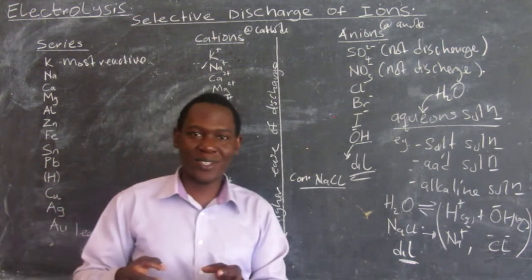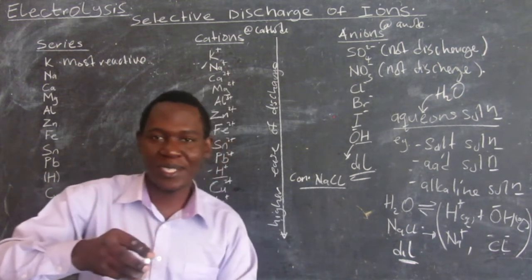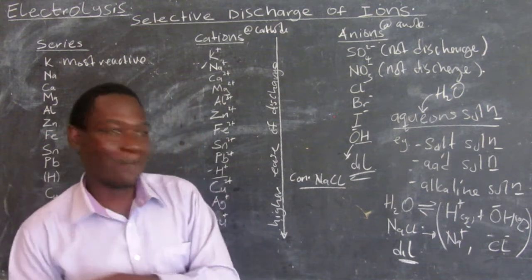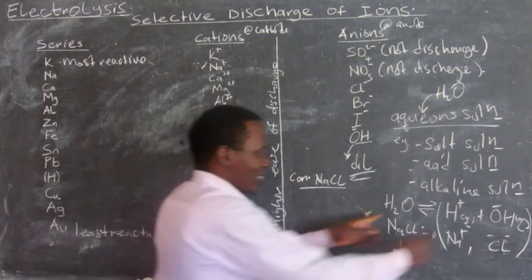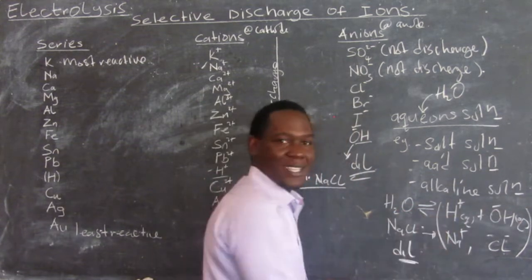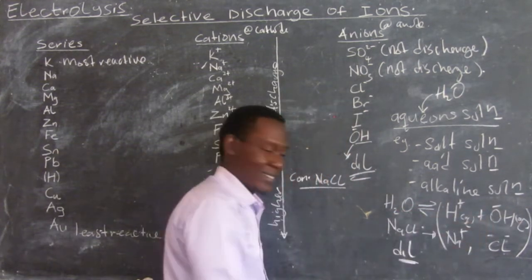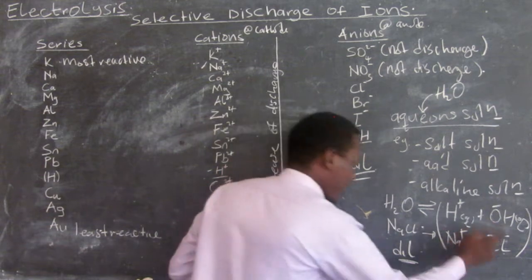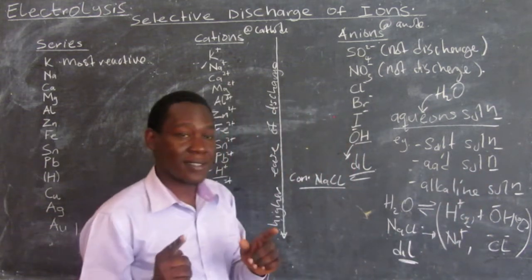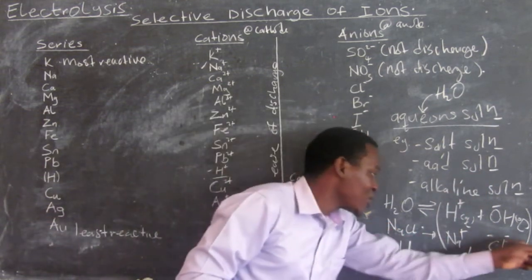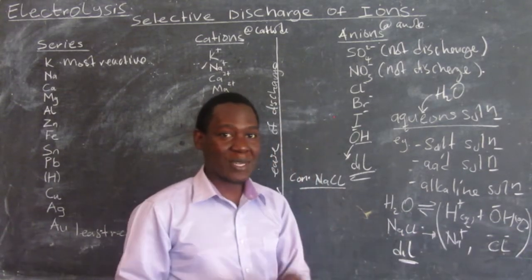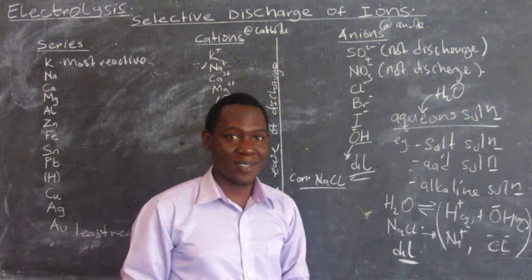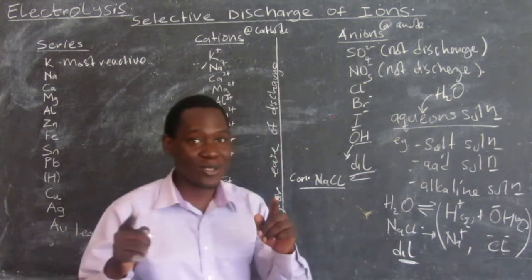If something is concentrated, it has more of the solute than the water, implying that in this case, it will dissociate in the same way to give us the hydrogen ions, the hydroxide ions, the sodium ions, and the chloride ions. But here, it has more of the solute than the water. Let's see how we can discharge. We can do the selective discharge of such a compound which is concentrated.